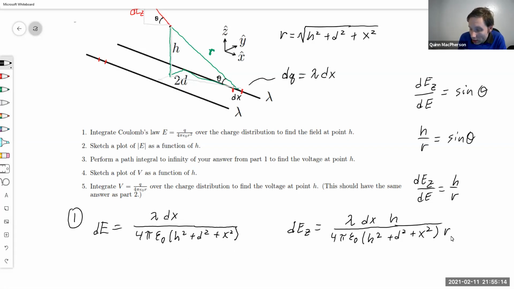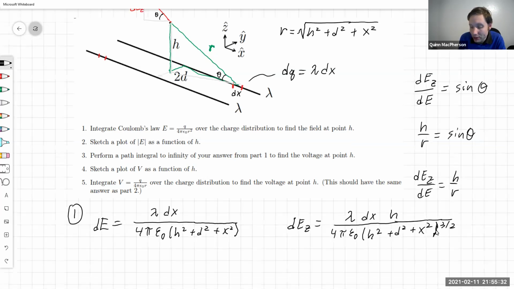But r is the square root of this whole thing in parentheses, so I can just write this with a power of 3 halves. I had one power from here and another half from the r, so it ends up being like that. So that's dEz.